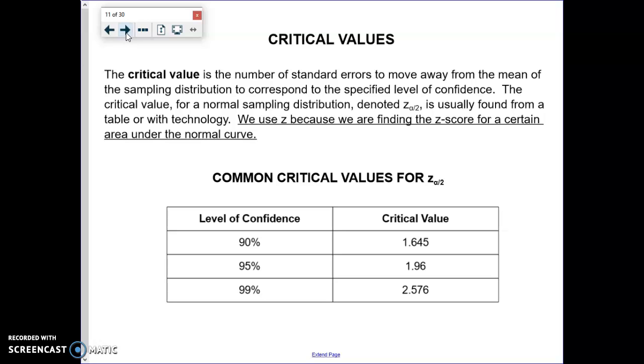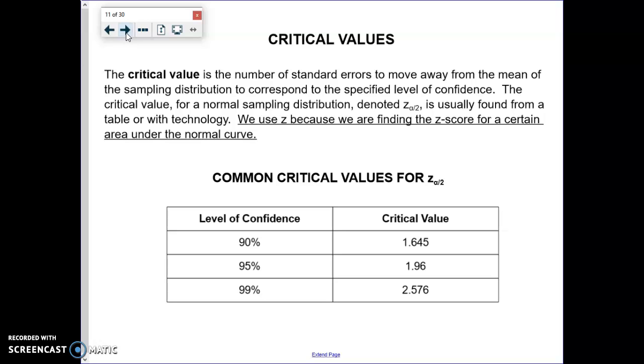Because for very small samples, the t-distribution changes shape. Well, when we find critical values for population proportions, we're going to use the normal z-distribution. We're not going to use a t, we're going to use a z. It's basically that same normal distribution you were using a couple of targets ago.